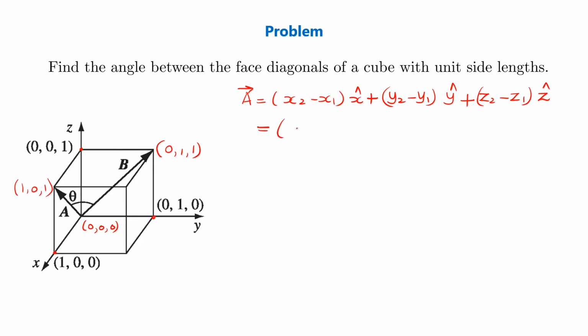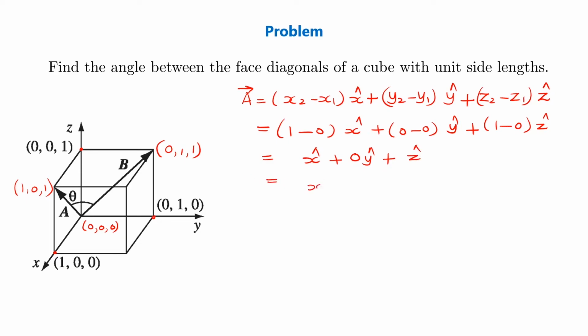So this is equal to 1 minus 0 x hat plus 0 minus 0 y hat plus 1 minus 0 z hat. So this is x hat plus 0 y hat plus z hat. So this is x hat plus z hat.